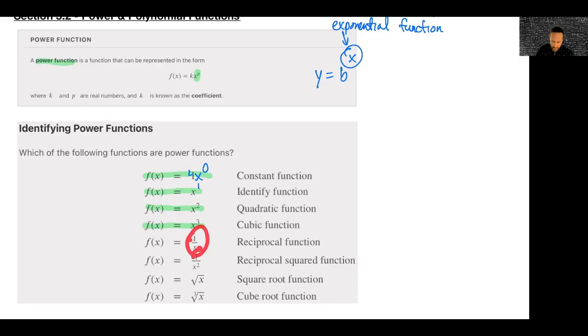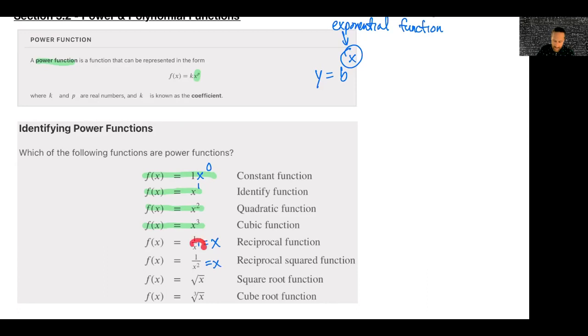But what about these reciprocal or reciprocal squared or square root or cube root functions? Can we also write those as x to a power? The answer is also yes. How, you might ask? Well, I can see I have here x to the first, here I got x to the second, and all I want to be able to do is write it as x to a power.